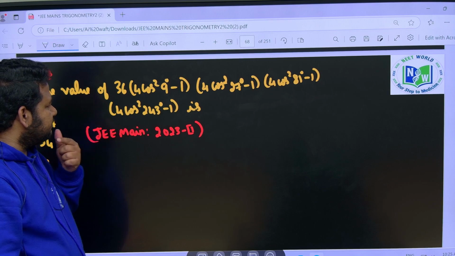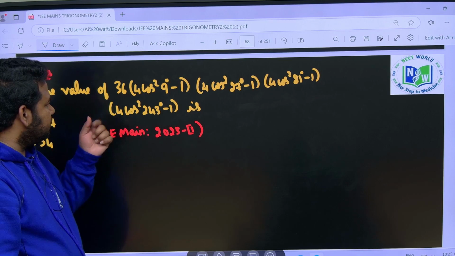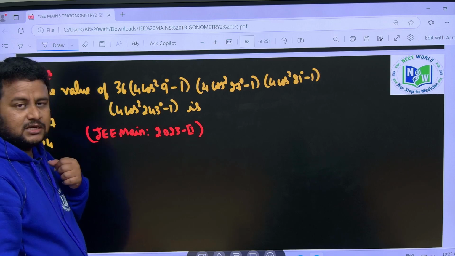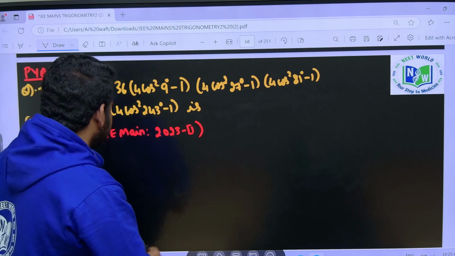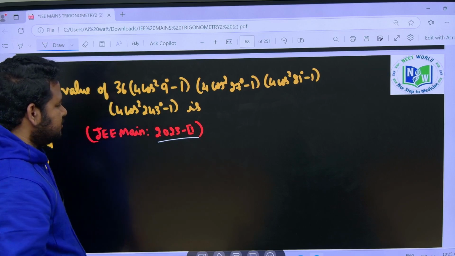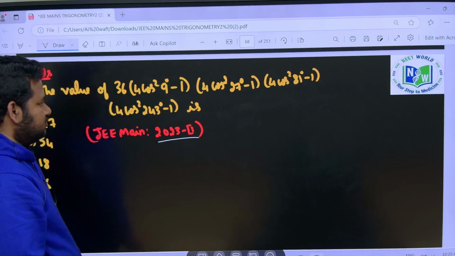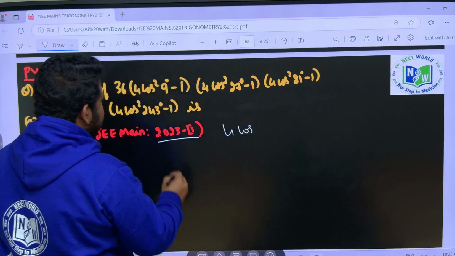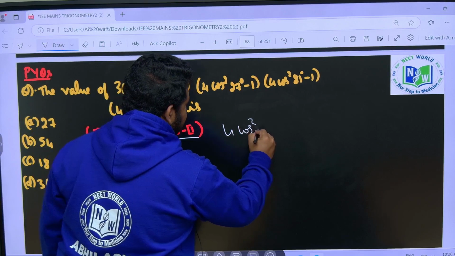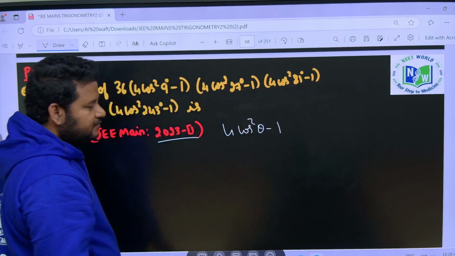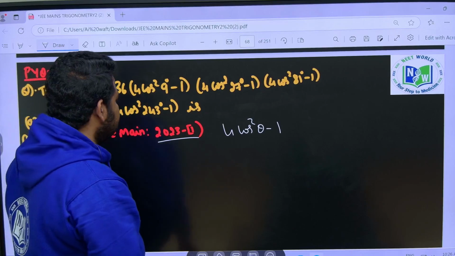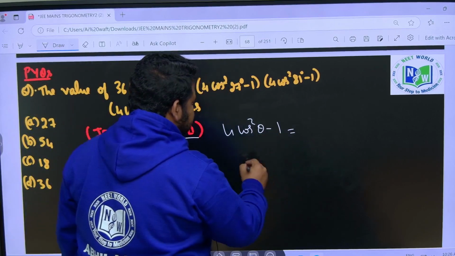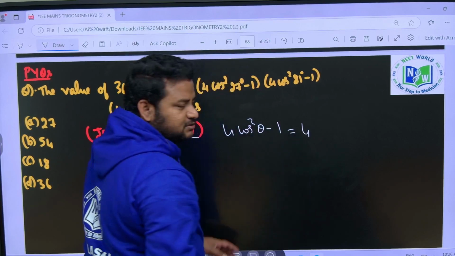Whatever they have given in the bracket, let me take that. So they have given 4 cos square 9 degree minus 1. Correct? So let us see what we can do. This was asked in 2023 Mains, second session. Instead of 9 degree, let me take it as theta: 4 cos square theta minus 1. Instead of cos square theta, let me write it in terms of sine.